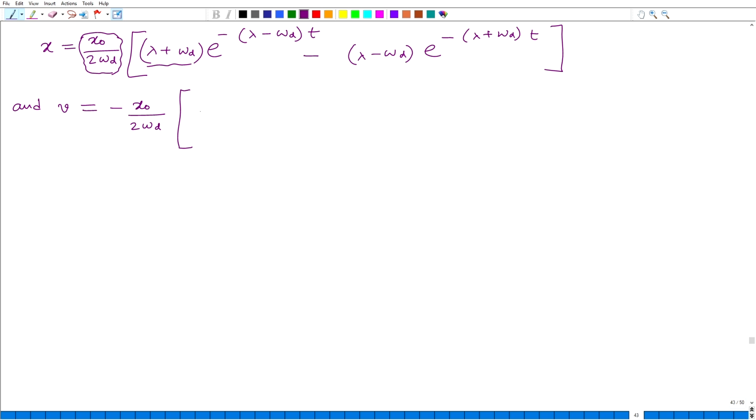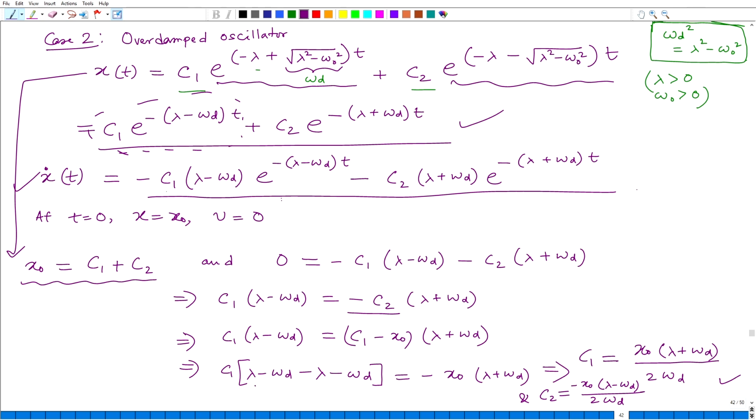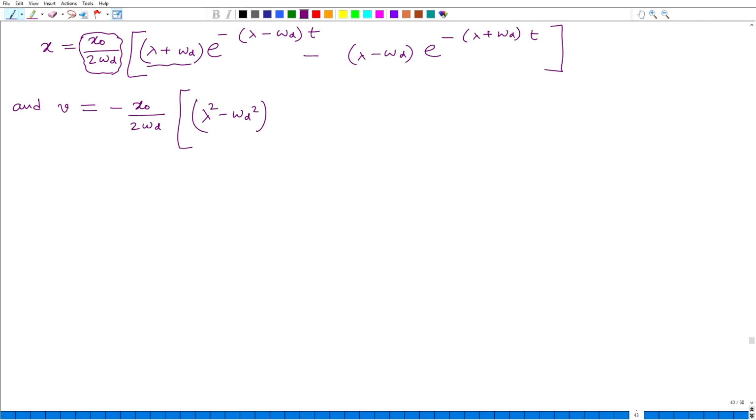If you now write again, you will have lambda squared minus omega d squared. Here also you are just putting the values of C1 and C2 in this expression. The best thing is to check by yourself: e to the minus (lambda minus omega d) times t minus (lambda squared minus omega d squared) whole squared e to the minus (lambda plus omega d) t.